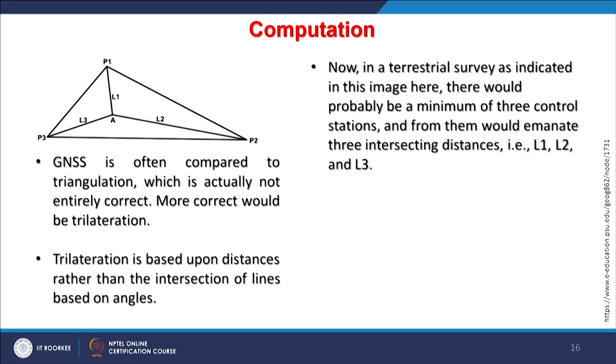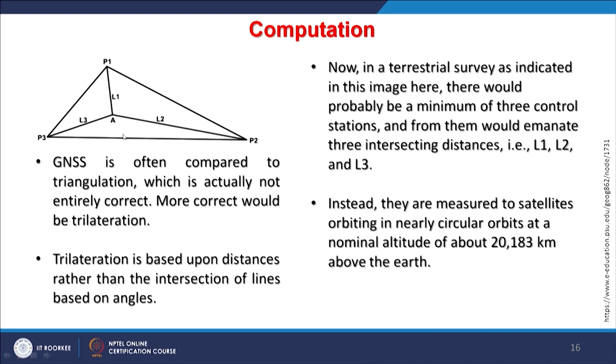Now in terrestrial surveying, as shown in this figure, a minimum of 3 control stations would give 3 intersecting distances L1, L2 and L3 as shown here. When they intersect, that is the position A.